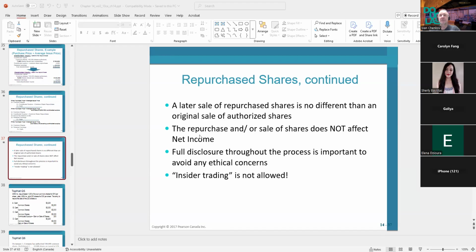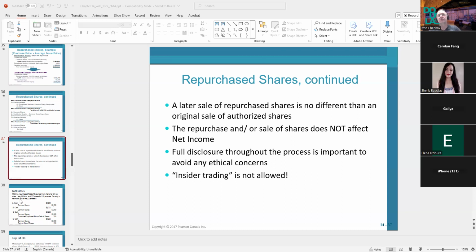Now, repurchase and sale of shares does not affect net income at all. Even if we're paying less than what we initially got, that creates contributed surplus. If we're paying more than what we initially got, that reduces our retained earnings, but not net income. Full disclosure is required, and insider trading is not allowed in this case.